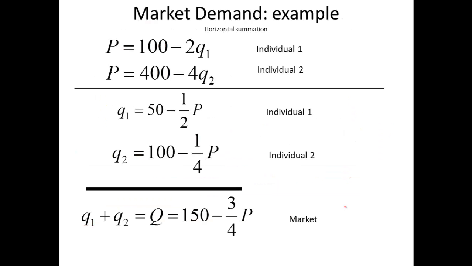So how do we use that in a problem-solving context? Here's an example. Let's suppose that we have two individual demand curves, one for individual 1 and one for individual 2. Now's a good point to note that we generally work with linear functions in this class, even though the theory doesn't necessarily imply linear functions.